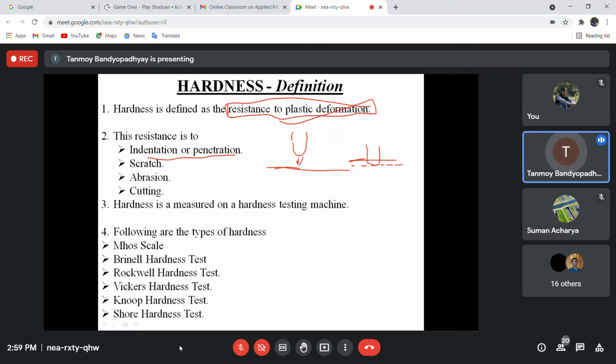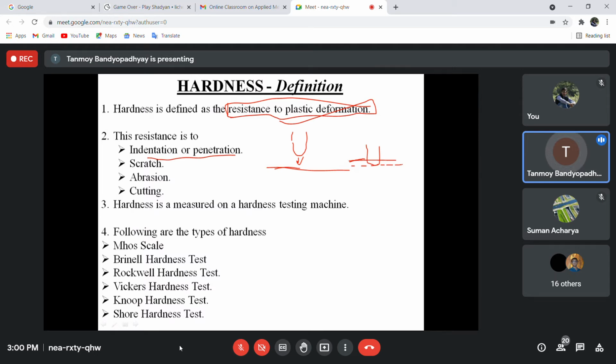Whatever machine you measure with forms the hardness number. The Brinell hardness test gives the Brinell hardness number, the Rockwell test gives the Rockwell hardness number, the Vickers test gives the Vickers hardness number, the Knoop test gives the Knoop hardness number, and so on. There are many others, like rebound hardness.